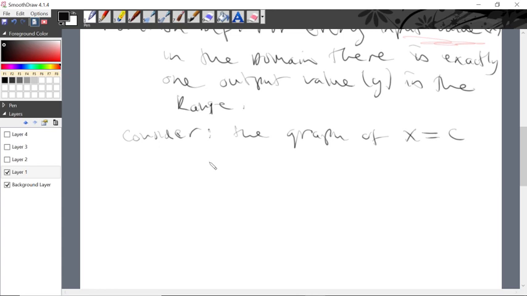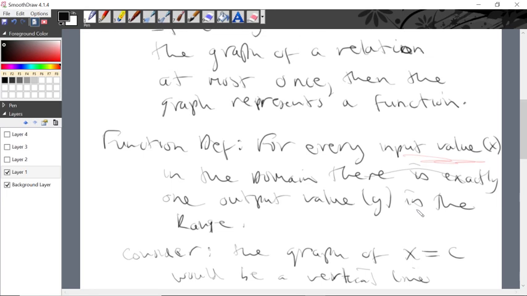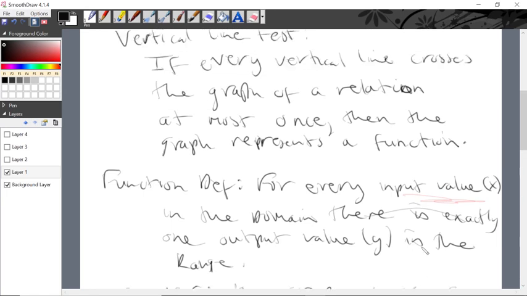The graph of x equals c would be a vertical line. And then the test says that if we superimpose that graph of x equals c over the graph of a relation, there should be only one y value for that given x. And we can see how many y values we get by noting how many times our vertical line intersects or crosses the graph of the relation itself.